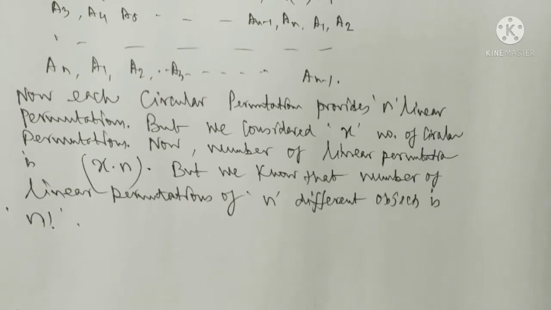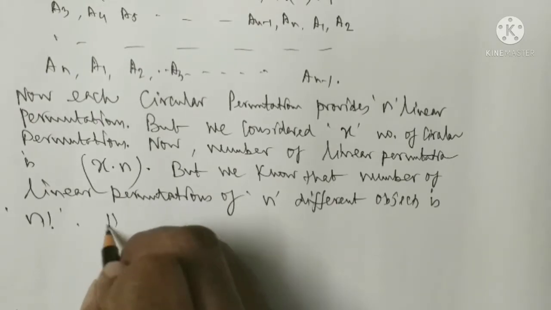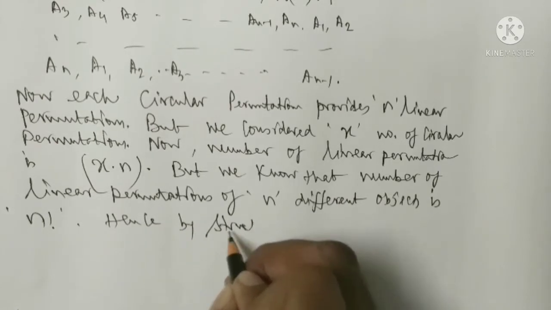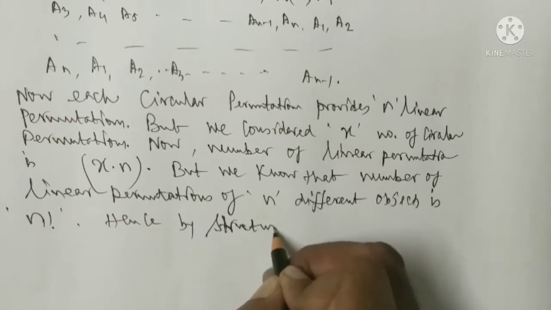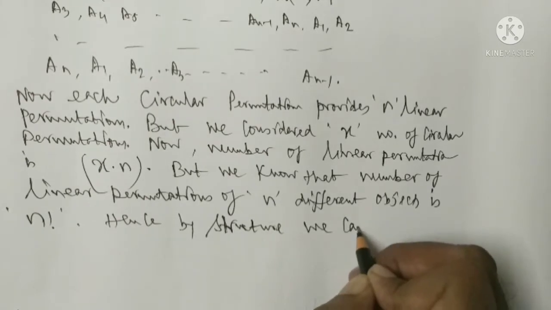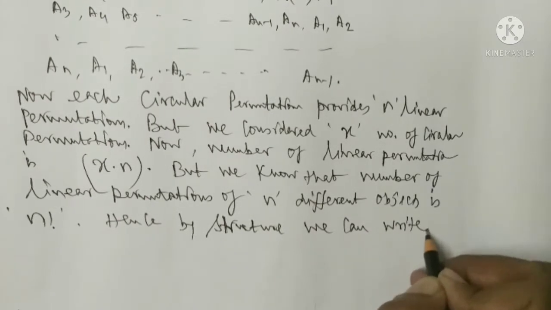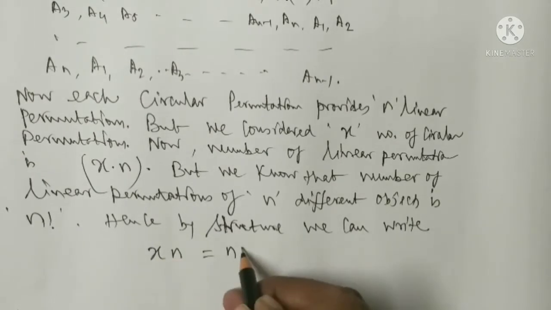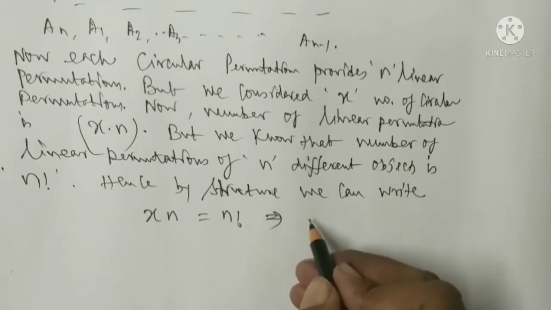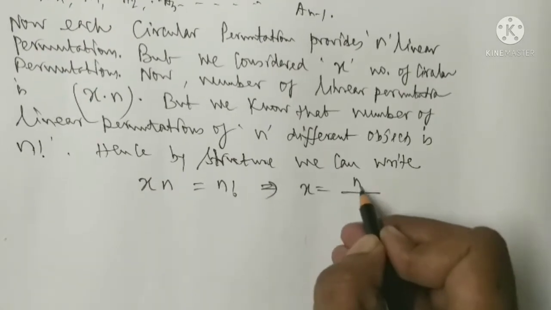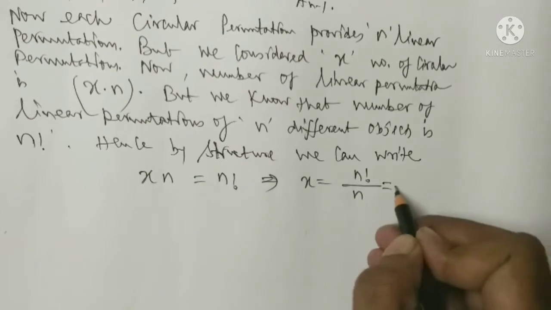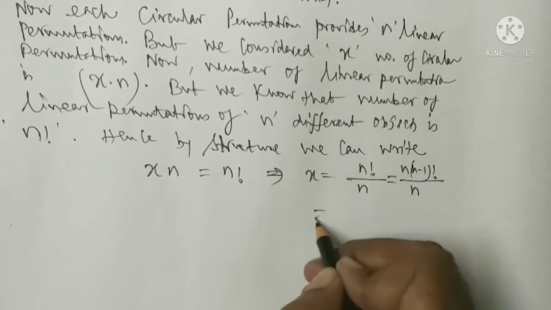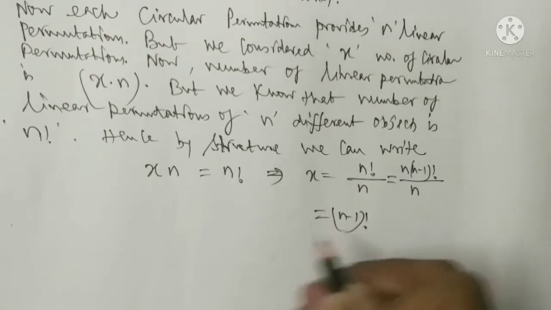Now by structure we can write x n equals n factorial. It implies x equals n factorial by n, equals n into n minus 1 factorial by n, and it becomes n minus 1 factorial.